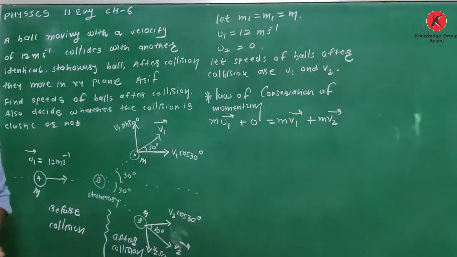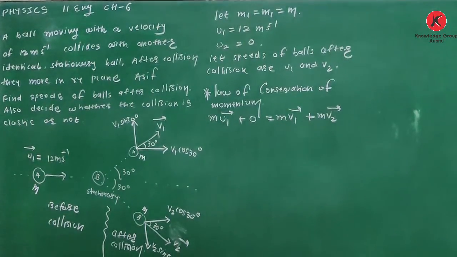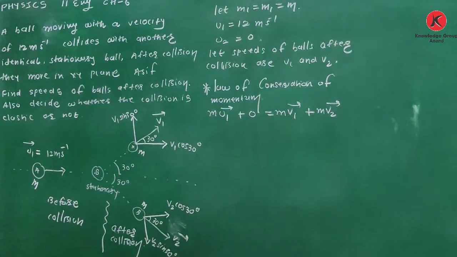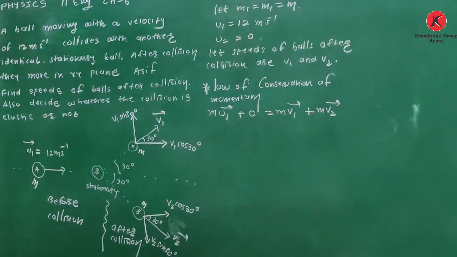Clear about this? u1 is along the x-axis, but v1 and v2 are not, so you have to resolve v1 and v2. We have resolved them as shown in the figure.